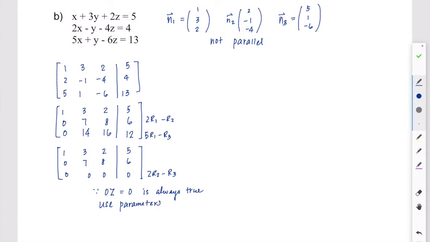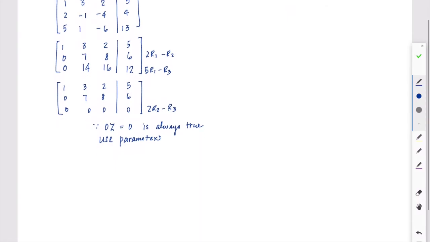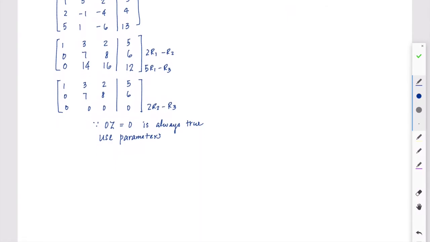Okay. In this case, we can say that the first equation from the matrix is x plus 3y plus 2z equals 5. The second equation is 7y plus 8z equals 6, and 0z equals 0.